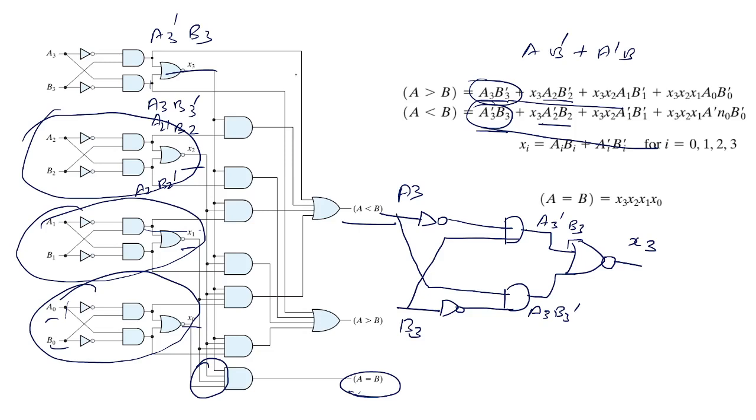We have X0 to X3 and all these terms like A3 B3 prime, A3 prime B3. So I will be using AND gates and make the connections. What connection do I need to make here? Here one connection will be X3 and another connection will be A2 prime B2. Here one connection is X3, another connection is A2 B2 prime. Like that, from the diagram I can notice and make the connections.